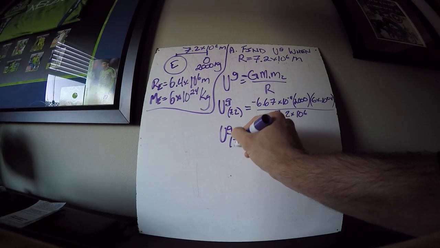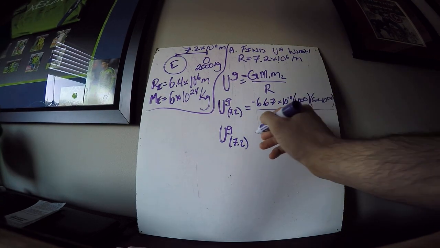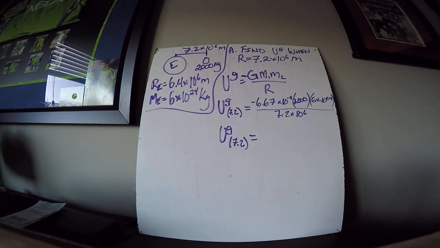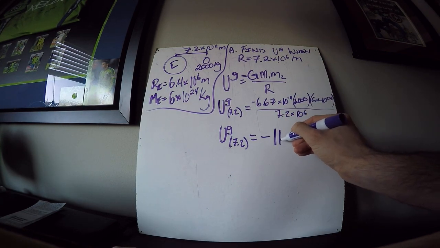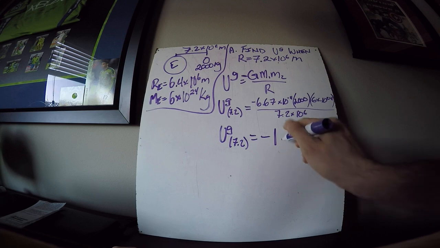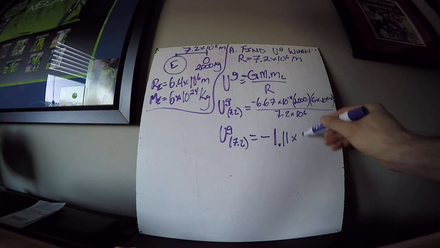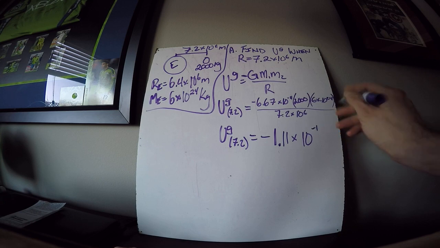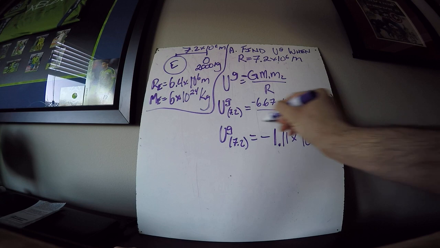UG at 7.2 times 10 to the 6th equals, doing your math right, you should get negative 1.11 times 10 to the 11th joules.